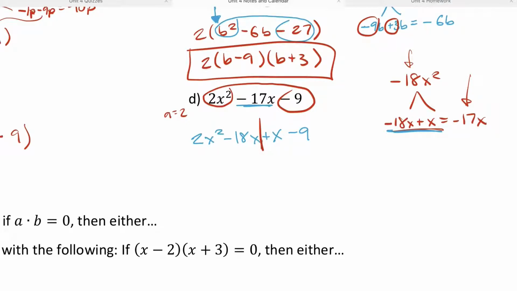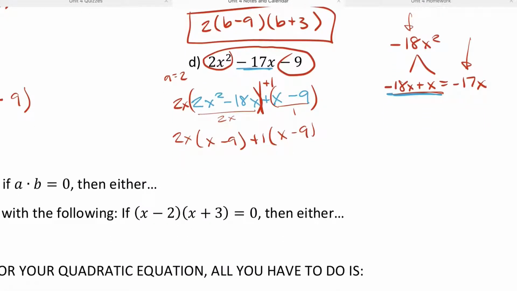So we'll cut it in half. The greatest common factor for the left side would be 2x. The greatest common factor for the right side would be 1. So we'd end up having 2x times x minus 9, and then we have our plus 1 times x minus 9.